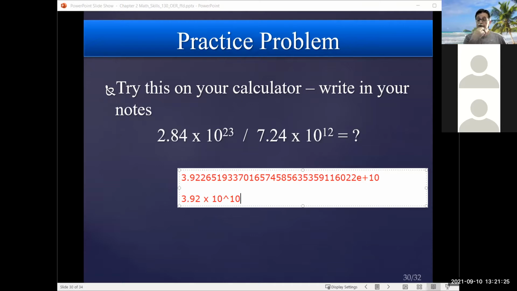And that is our answer. All right. So practice that on your calculator so you come up with that number. We will be using numbers in the order of 10 to the 23rd power down the road, so all this we'll be using.